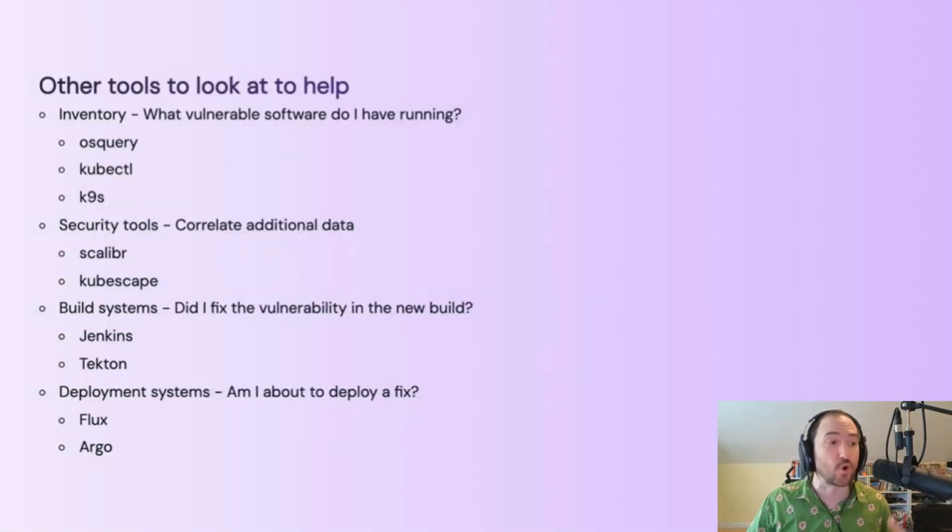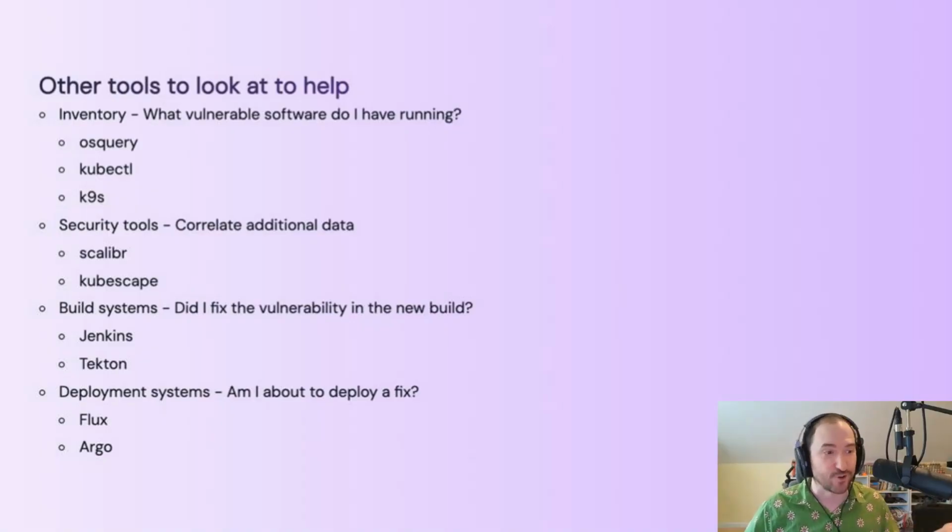And then there's all sorts of other tools out there that can help as part of the SBOM journey, right? Pulling in inventory data about the systems you have, things like osquery, kubectl, obviously K9s, all that good stuff.